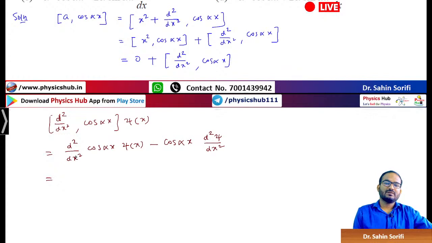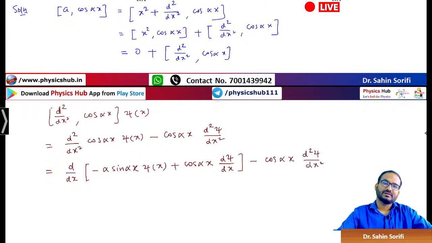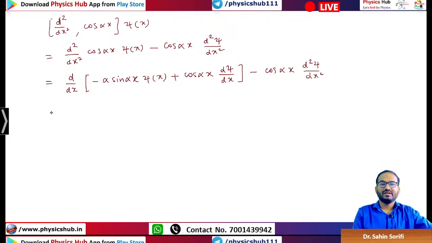So here you see d square by dx square of cos alpha x psi. So this is the derivative of this whole thing. Let's do it one time derivative. So d dx, derivative one time: cos alpha x minus alpha sin alpha x psi of x. Next, keeping cos alpha x fixed, then d psi by dx, and this remains as it is, minus cos alpha x d square psi by dx square. Clear? Now we have to take derivative with respect to x.